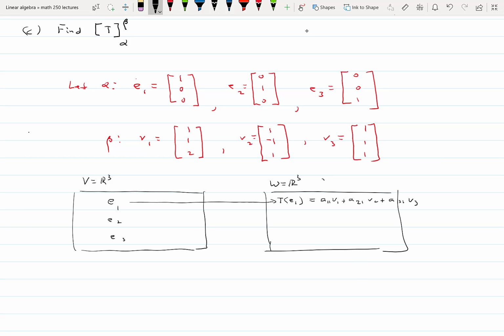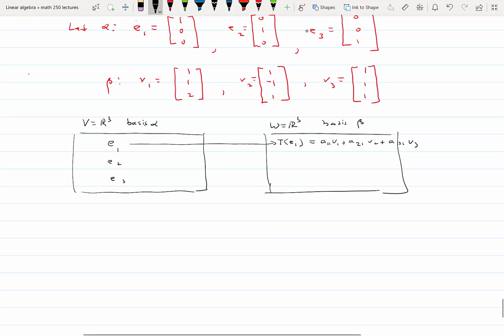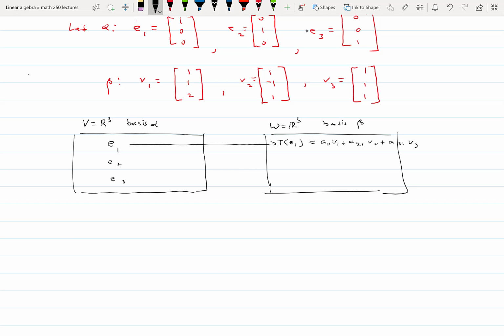So we're looking at the basis in the transformed space. The basis is beta, and the original space where we're starting our transformation from is the basis alpha.